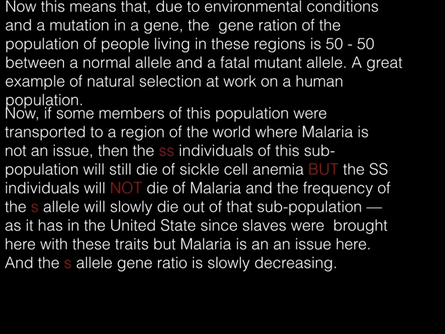The frequency of the little s mutant recessive allele would slowly die out in that subpopulation, as it has in the United States since slaves were brought here centuries ago from areas of the world where malaria was an issue. Since it's not an issue here, the recessive allele is slowly decreasing.